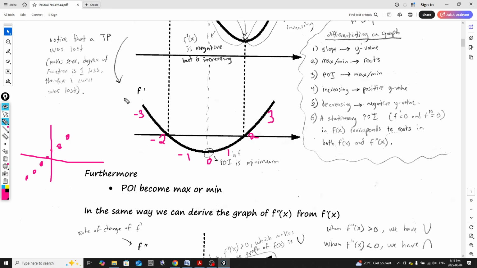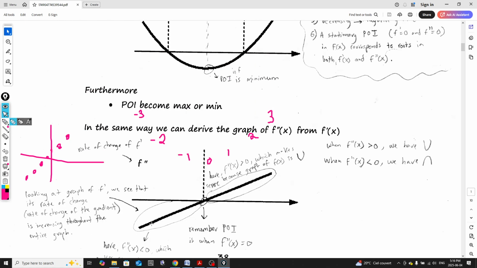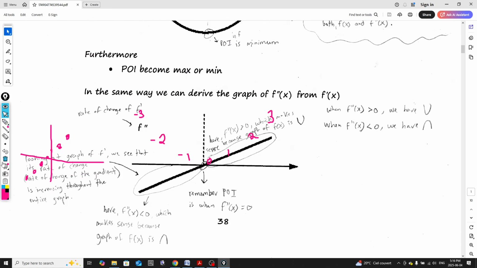So you can see that the slopes are in fact increasing throughout this entire thing, and that's why the graph looks like this.